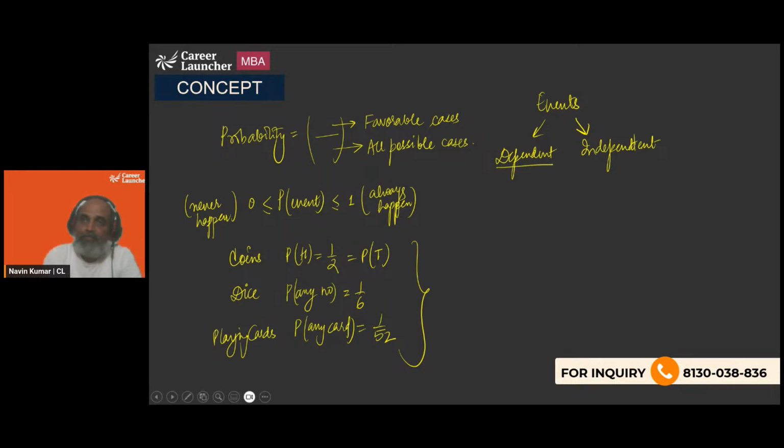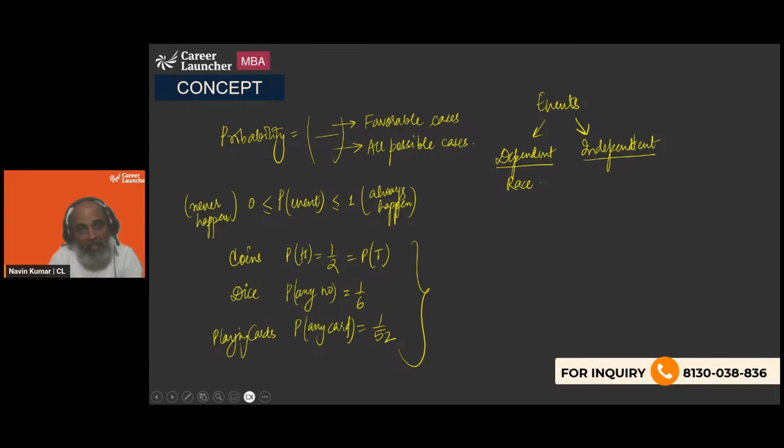For example, if I am going to race, whether I'm going to come first or second completely depends on how well I'm going to perform as well as how badly or how well others are going to perform. So whether I'm going to come first or second or third or last, it depends on the other candidates as well, right? So a race is a dependent event.